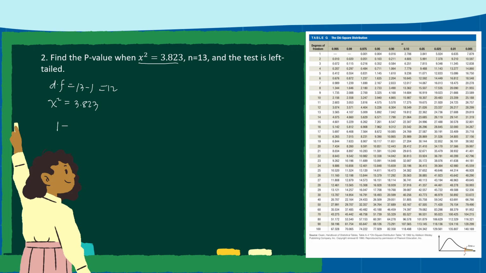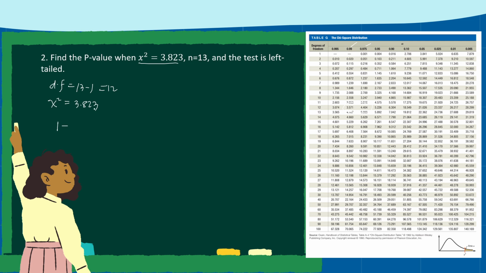So we have here 3.823. It falls between 3.571 and 4.04. So the values here are 0.99 and 0.975.